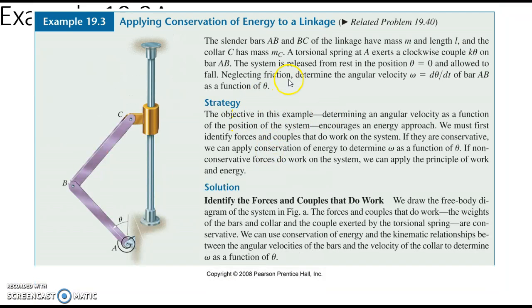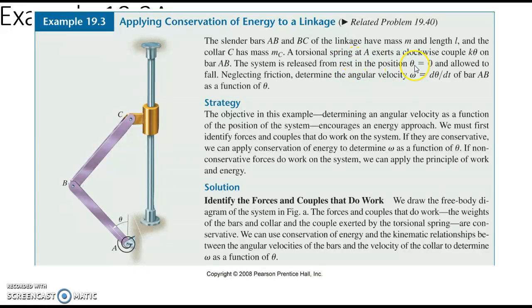In the next example, I have two links connected to a collar here, and a torsional spring at one end. We're told that the system is released from rest, so immediately we know that the initial velocity is 0.